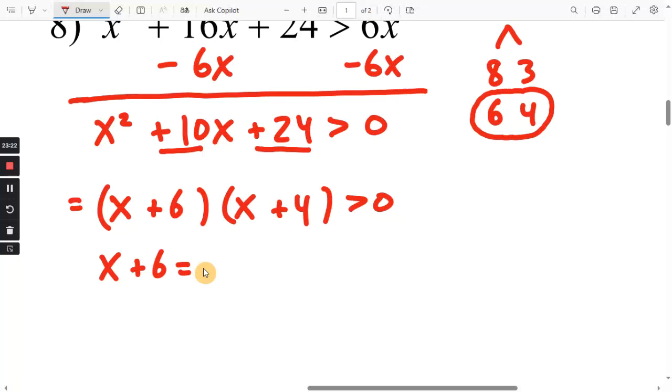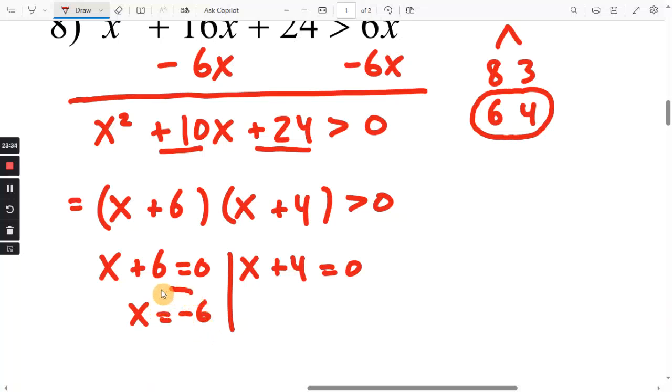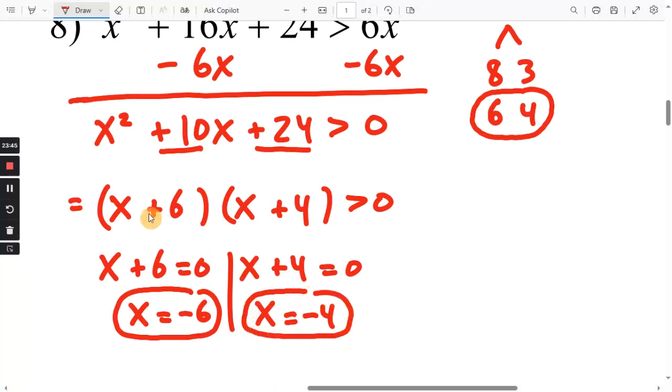So the x plus 6 could be 0, or the x plus 4 could be 0. If I do minus 6 on both sides, x is negative 6. Minus 4 on both sides, x is negative 4. In many cases, you can probably find the zeros in your head, all right, once you factor it, of course.